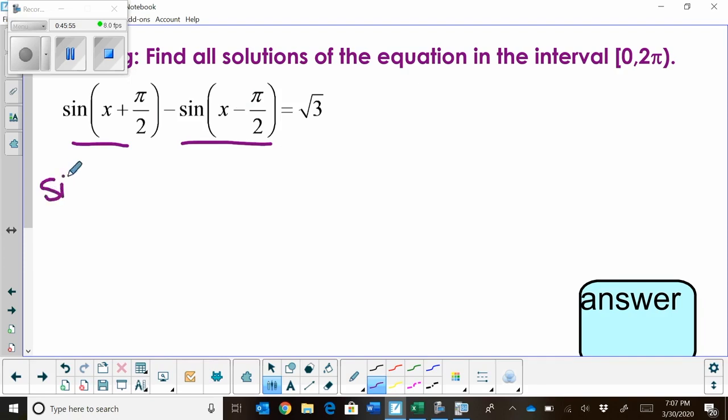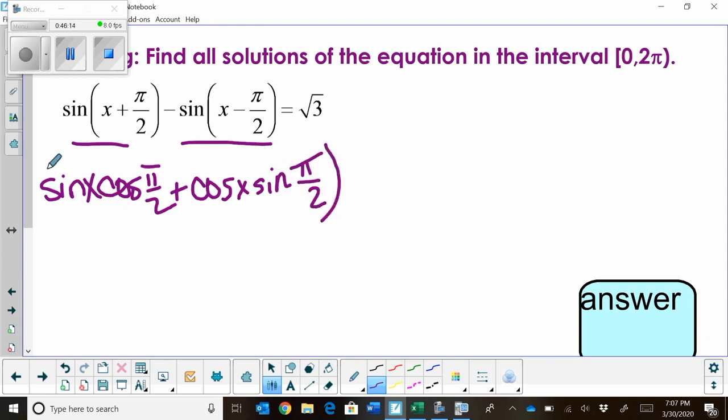So let's start expanding. Sine we know is sine, cosine, same sign, so we're going to add cosine and sine. Okay, so first half, we're done. That's the first expansion. Then we're going to subtract the second whole expansion.